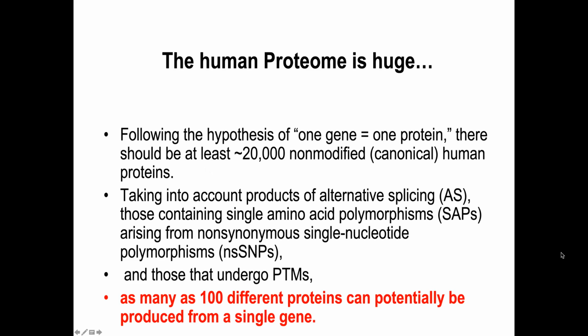What does that mean? When we follow the hypothesis of one gene equals one protein, there should at least be a huge number of non-modified canonical proteins coded by the genome, and that should be around 20,000. But it's not one gene equals one protein.